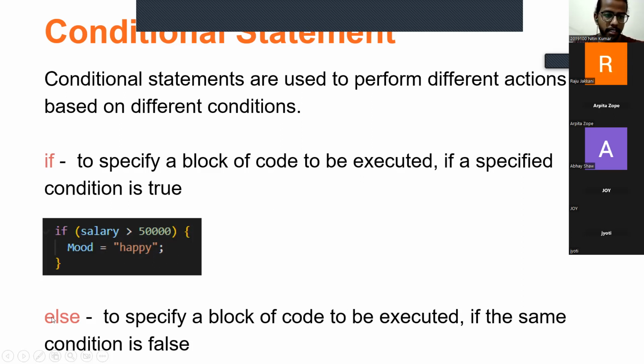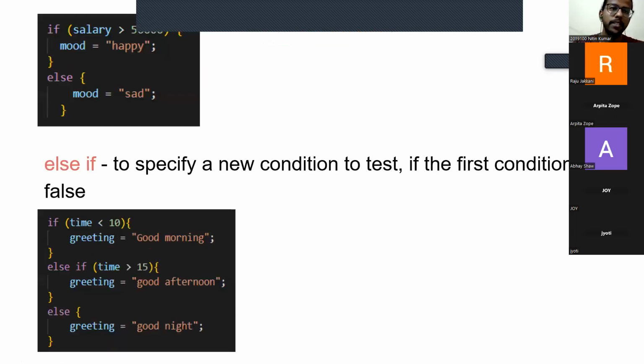And there is another conditional statement, else, which is also used with the if. If this if condition is false, then the else condition will run and that particular block of code will run. You can see in the example, if salary is not greater than 50K, then this block of code will run and mood will be assigned as sad.